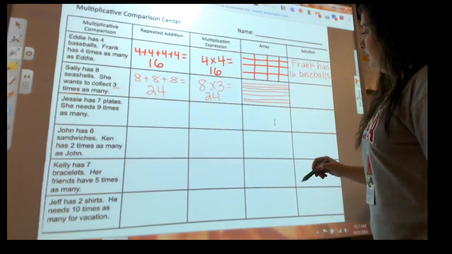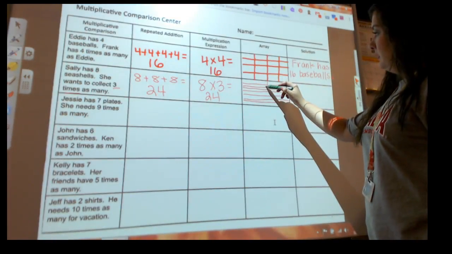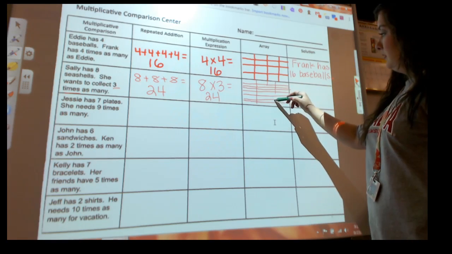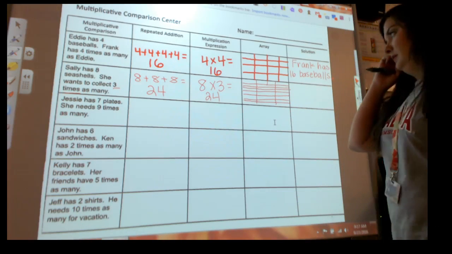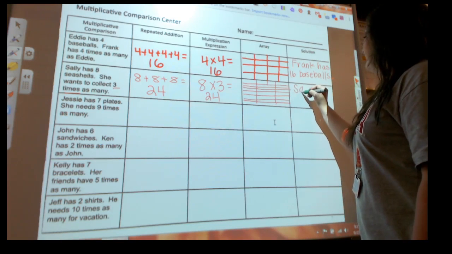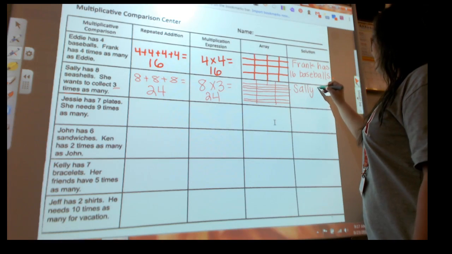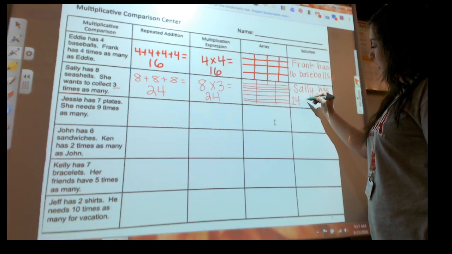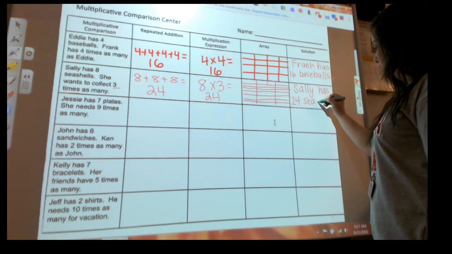I'm not just flopping a bunch of lines down. If I counted all of my little rectangles, I would have 24 rectangles. And what is my solution? Who's the person? Sally has 24 seashells.